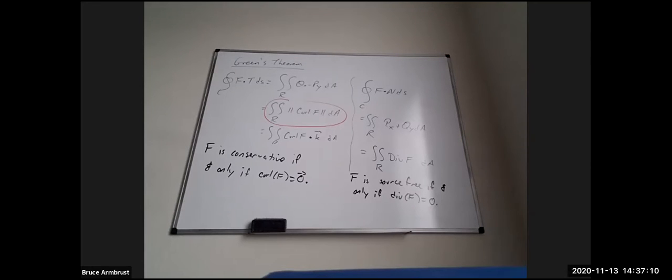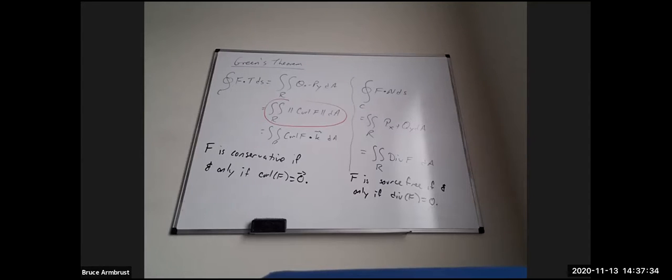So these give us really quick, really easy checks for both conservative and source-free. Basically, this is why we still care about curl and divergence, for these checks.